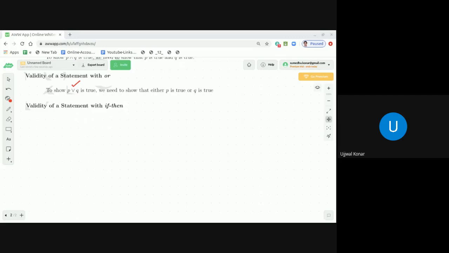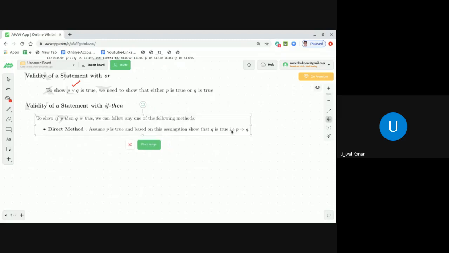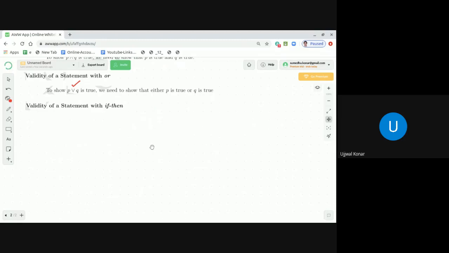Let me first place this statement. To show that if P then Q is true, we need to follow any of the following methods.